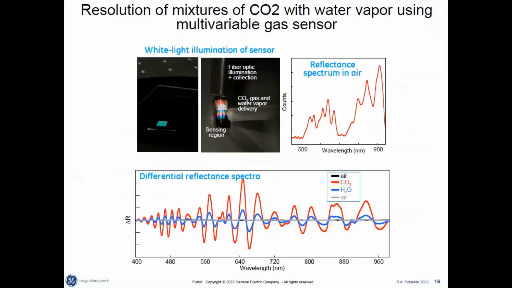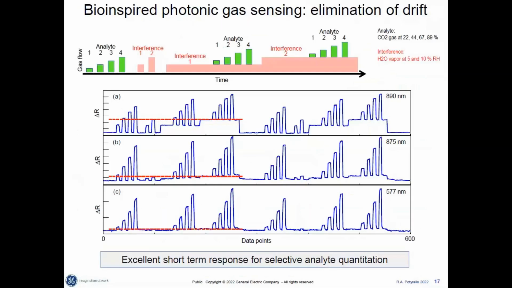So to show one of the examples, we are looking at the reflectivity pattern, and these are the spectral features in the presence of CO2 and water. And the flat line is in air. When the run is pretty short, these are two replicates of this structure.